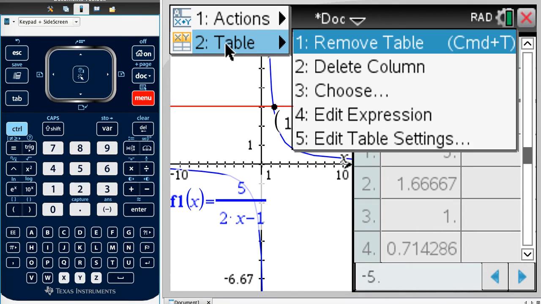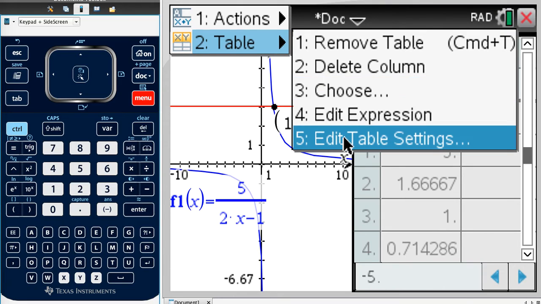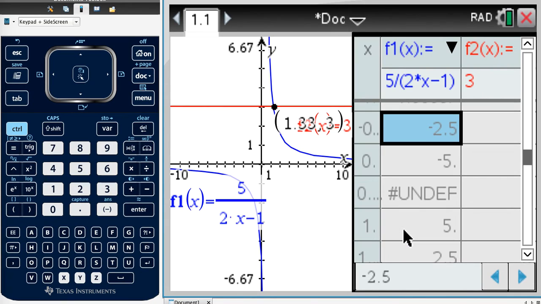We could say on our table that we're going to edit the table settings and that we want the step to be a little bit smaller than 1, because going up in 1s we couldn't actually capture exactly where that asymptote was. So if we go up in steps of 0.5 instead, now we can see that on this one here, where x is equal to 0.5, the graph is undefined.